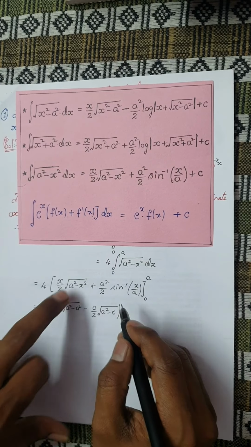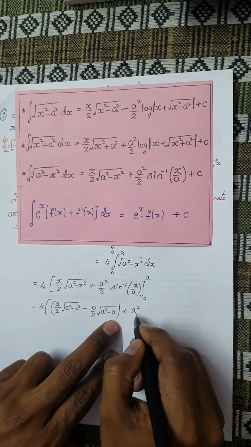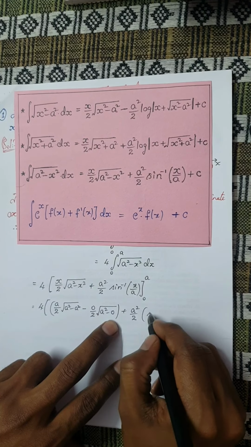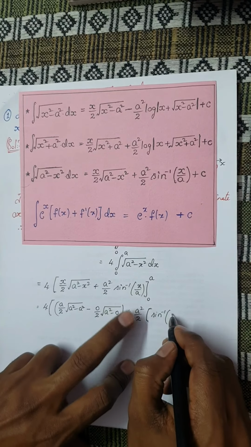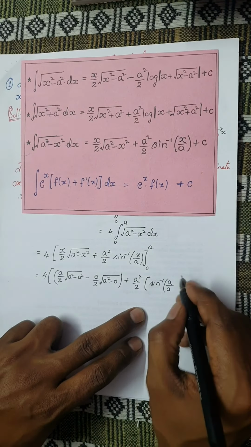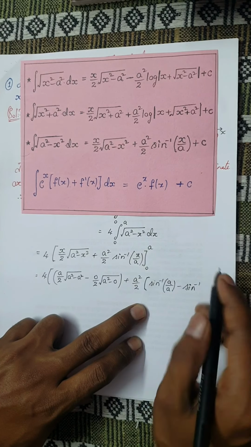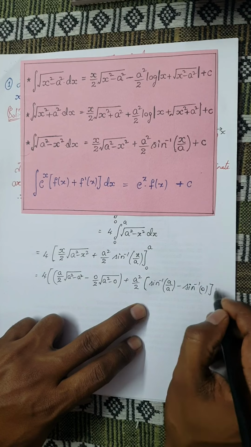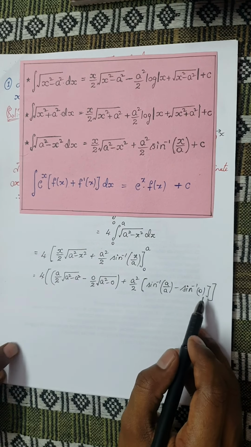Plus similarly, a square by 2 into sine inverse. Remember, upper limit is a divided by a. So sine inverse a by a minus sine inverse 0 by a would be simply 0. So this is my limits application part.